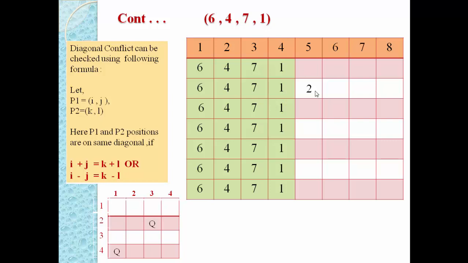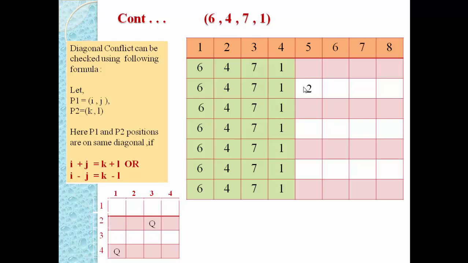If yes, then we cannot place our queen on column number 2. Here 6 plus 1 is equal to 7. It means that queen number 1 will clash with queen number 5. If we place queen number 5 on the second column, then both queens will be on the same diagonal. So we cannot place the queen on the second column.